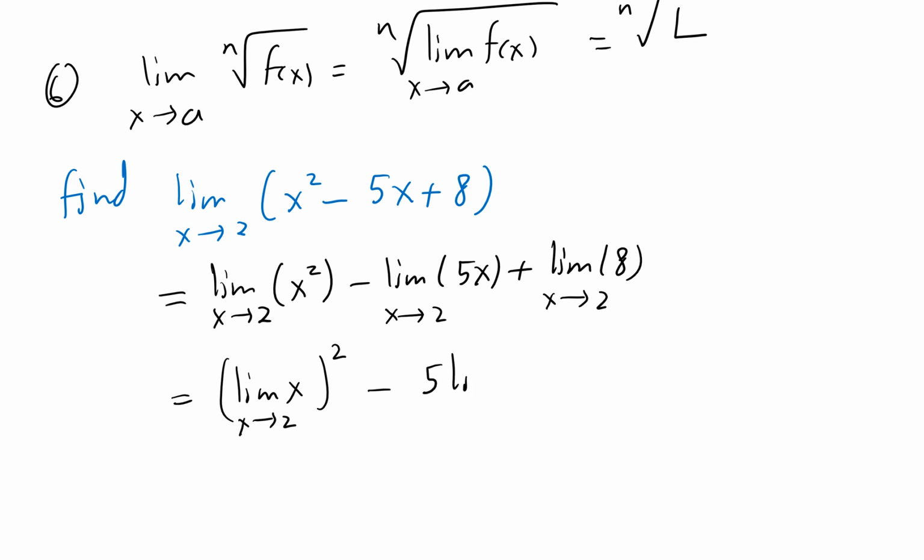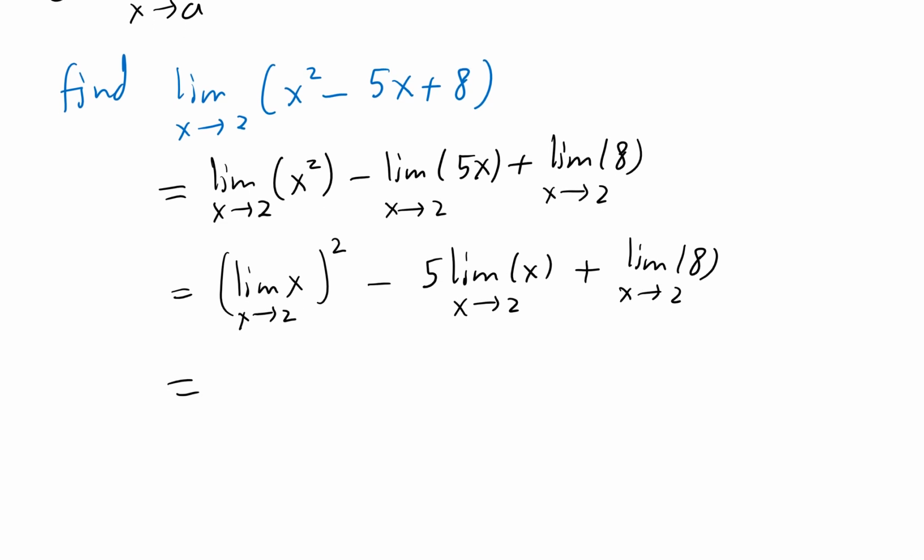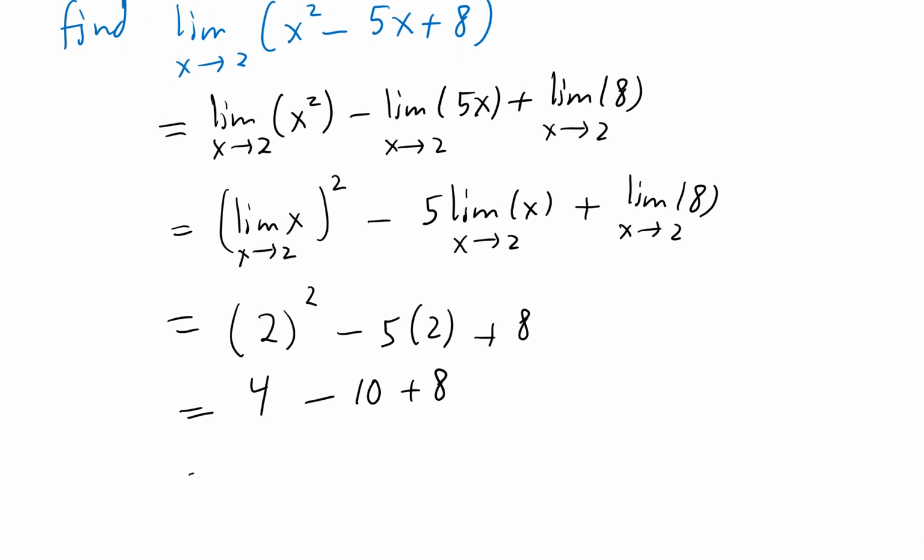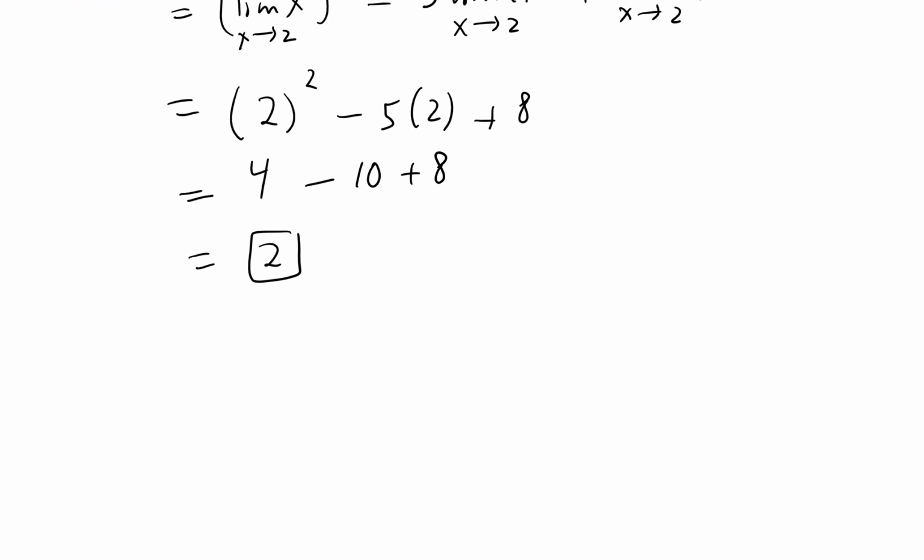You can move the 5 outside, and the 8 stays the same for now. Now it's ready for us to do the limit. You substitute the 2: 2 times 2 is 4, minus 10, plus 8, and that gives us 2. All these steps must be shown to get credit.